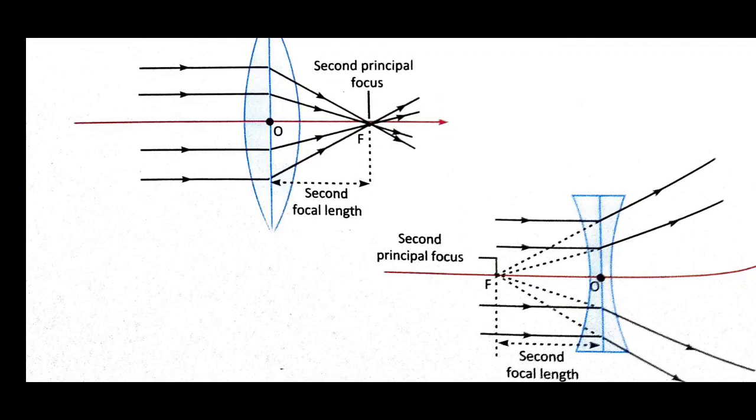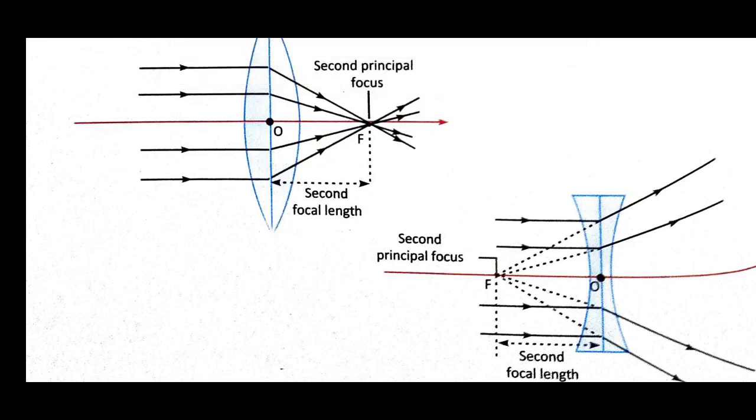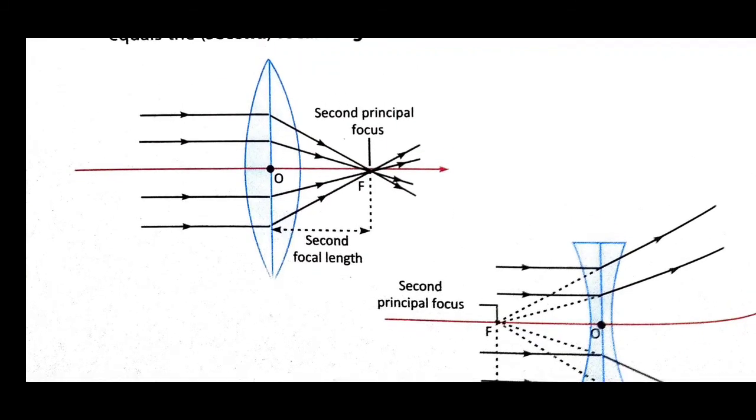But whenever you have to define only the principal focus of a convex lens, then you write the point on the principal axis where all the rays which are incident nearer and parallel to the principal axis meet really after refraction through the convex lens, and you draw only this image.